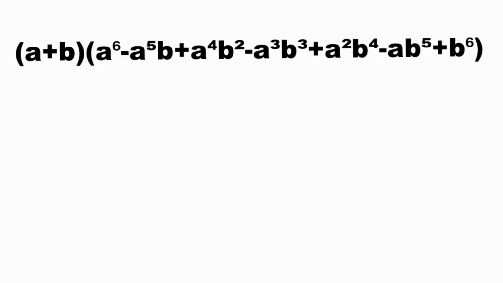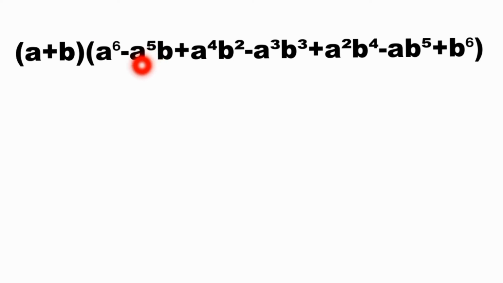How about for the power 7? It is also in the form a plus b times the quantity, this time a to the power 6. The first term is a to the power of 6, and this is descending.